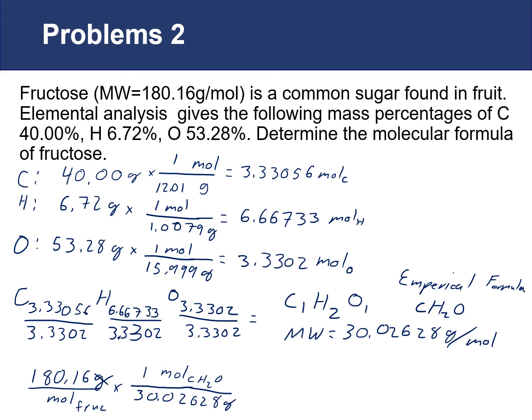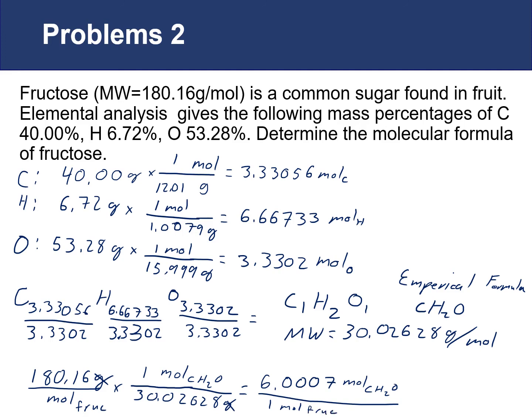Our grams are going to cancel out. So our ratio, if we take 180 divided by 30, we get 6.0007 moles of our empirical formula, CH2O, per 1 mole of our fructose.